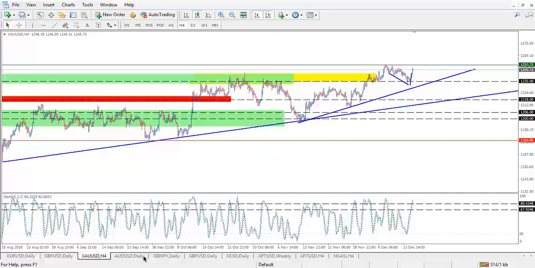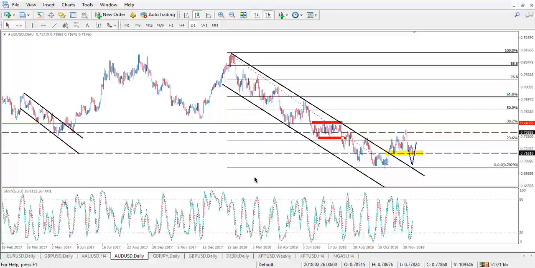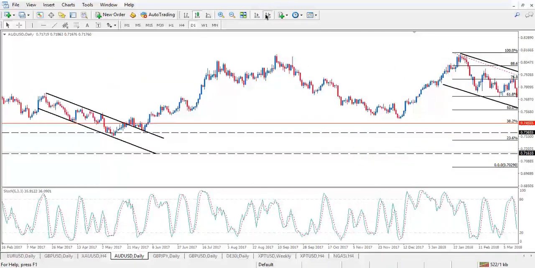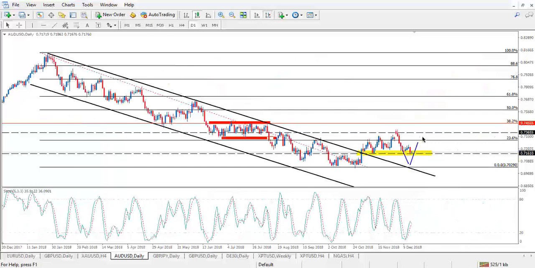Now let's move to the Australian dollar against the American dollar on the daily time frame as well. These are the lines that we did draw last week, those two, the downward line and the up line, like this.